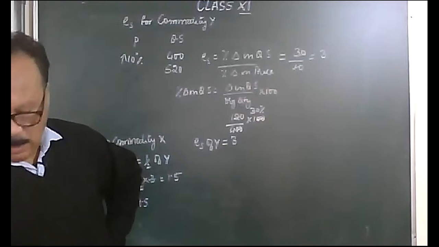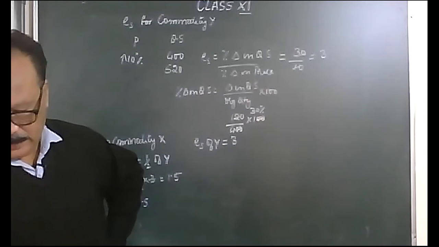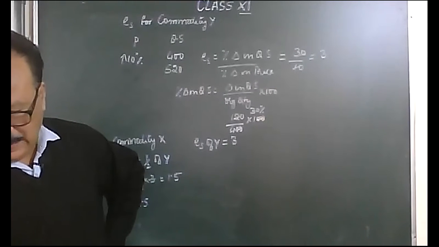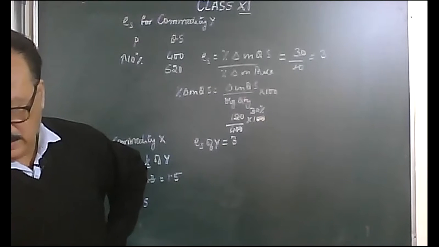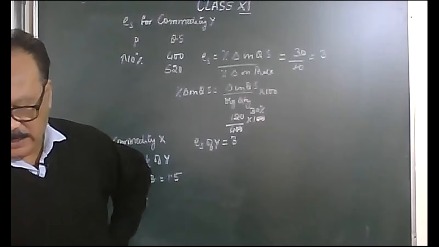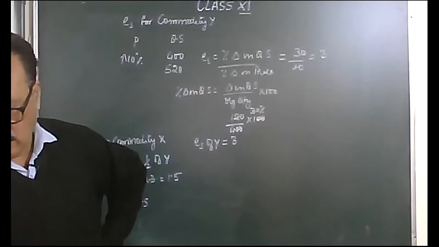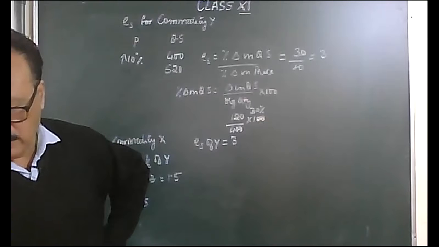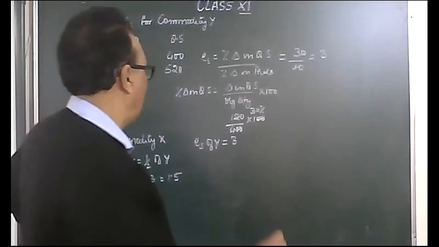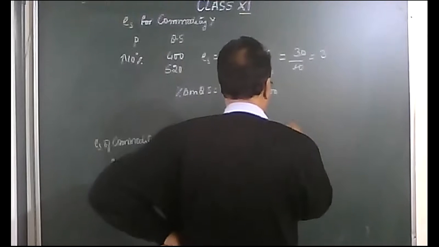Understood? Now the question is not over. It says calculate the percentage change in commodity supplied of commodity X when its price falls from rupees 10 to rupees 8 per unit. So elasticity of supply, can I do it here?